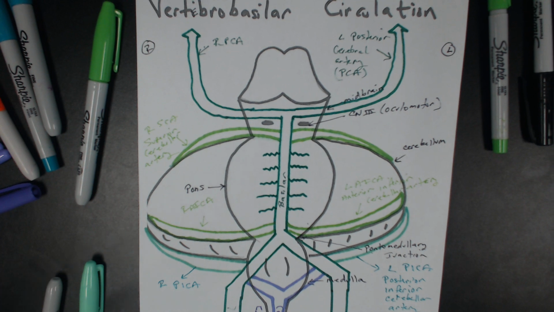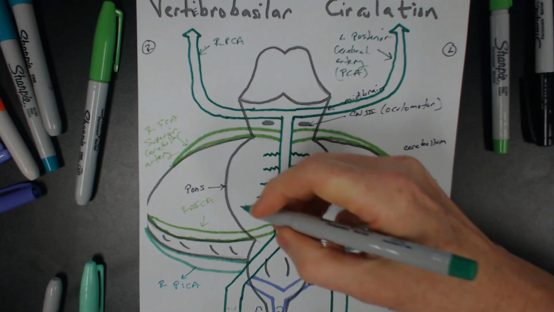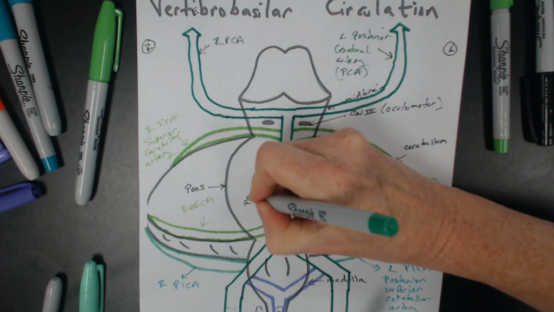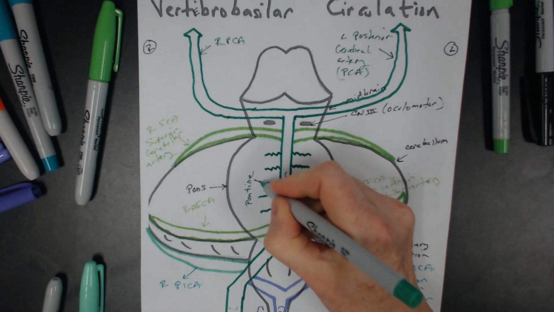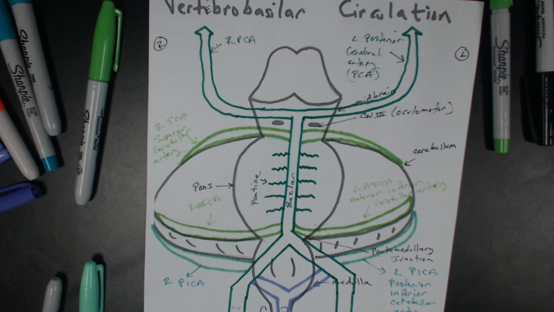These are simply called pontine arteries, little branches coming off the basilar that help supply the medial pons with blood.